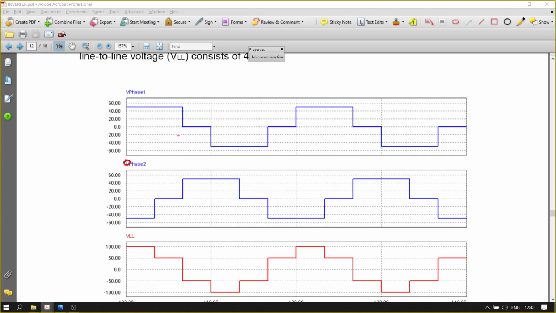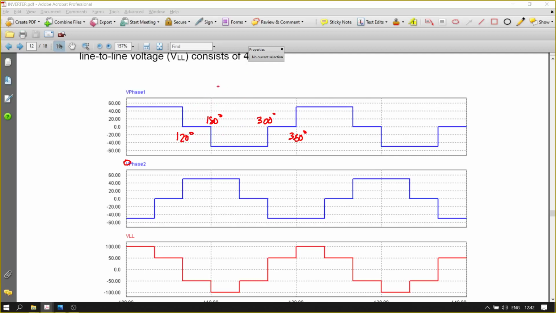Then you have this 120 degree, this is 180 degree, and then you have this 120, so this is 300 degree, and this is 360 degree. So if you look at this waveform, actually you won't get the symmetry that this waveform has.